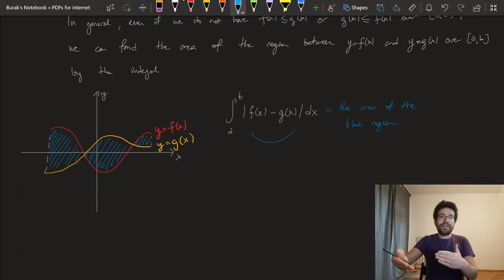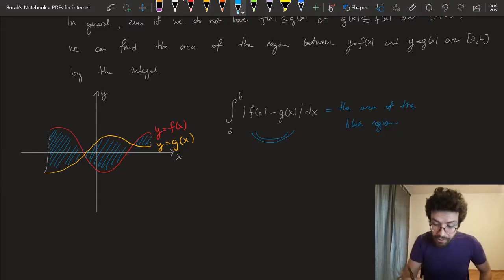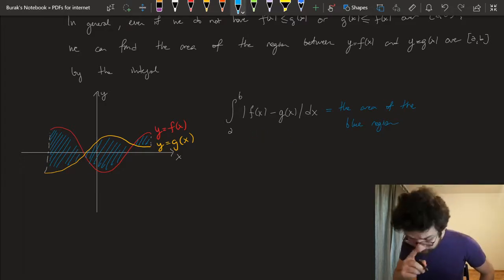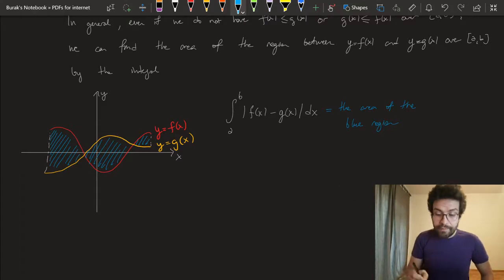Because if f is greater than or equal to g, then this is going to come out as f of x minus g of x, because this is not negative. If g of x is greater than or equal to f of x, then because this is negative, it's going to come out of the absolute value as g of x minus f of x, so it's still going to be top function minus bottom function. So when you integrate this, this will always give you the area of this region.